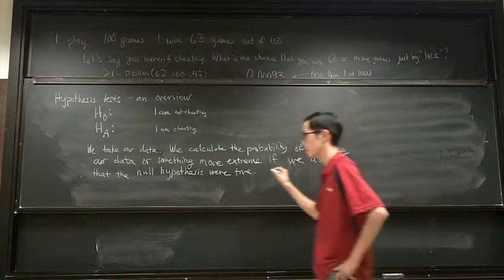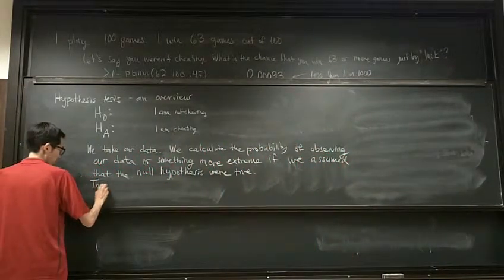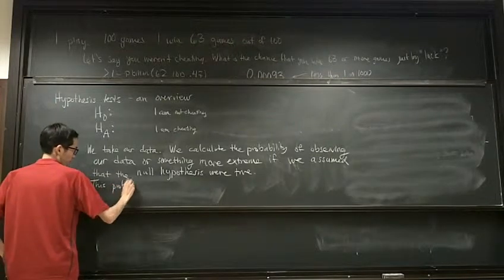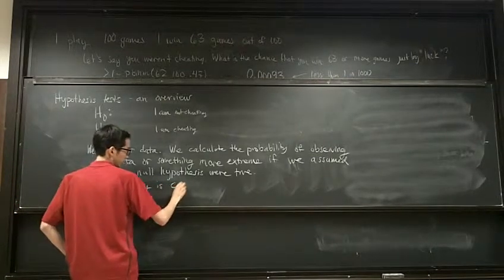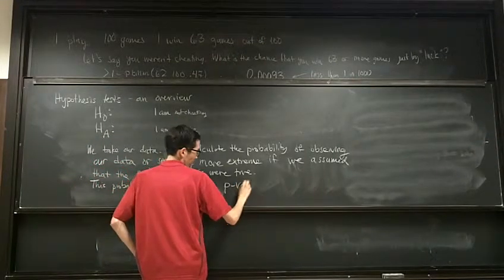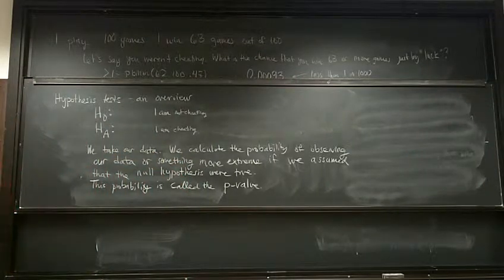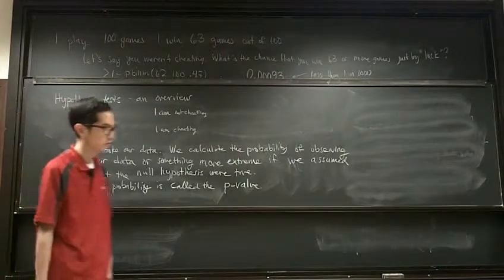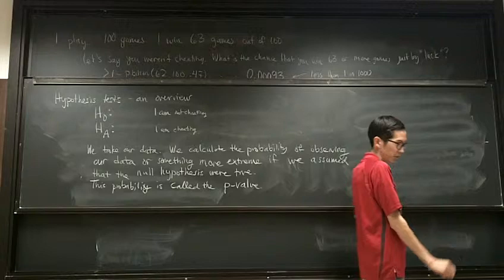That probability, by the way, has a name. It's called the p-value. So if our p-value is large, what do we do? Or what did we do with our casino case?